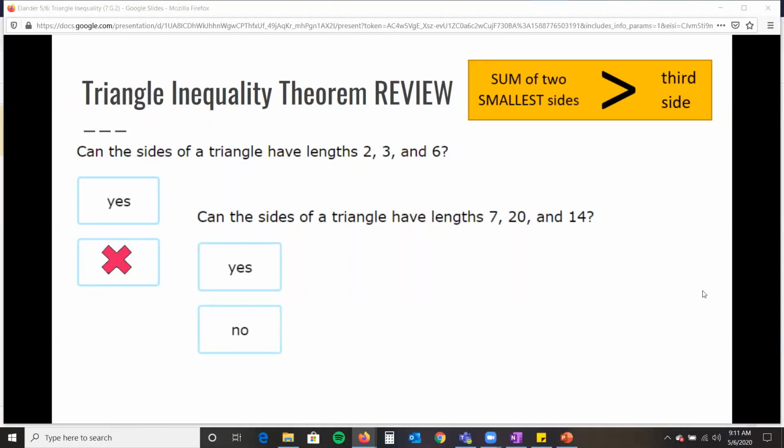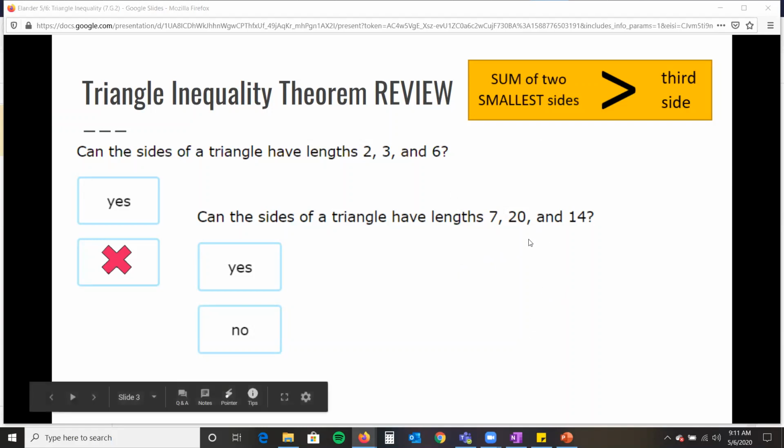Good, 3 responses. I still need 2 more. Okay, seeing a consensus here. 1 more person. All right, so I've got a lot of yeses. Let's see what it is.